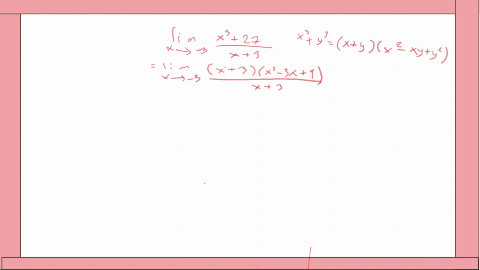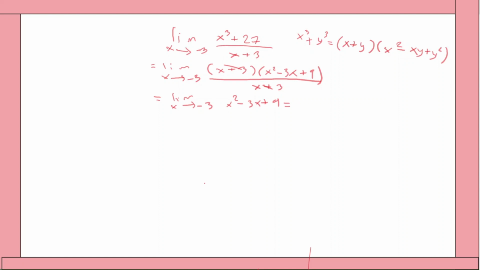What can we do now? Well, we can cross out these x plus 3's and rewrite the limit. In this case, we've actually canceled out the denominator. Usually it's the other way around, so we can just rewrite it as a polynomial. Now there is no problem with plugging in negative 3.